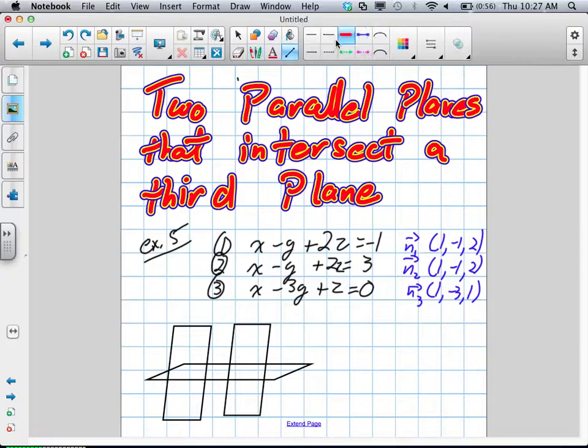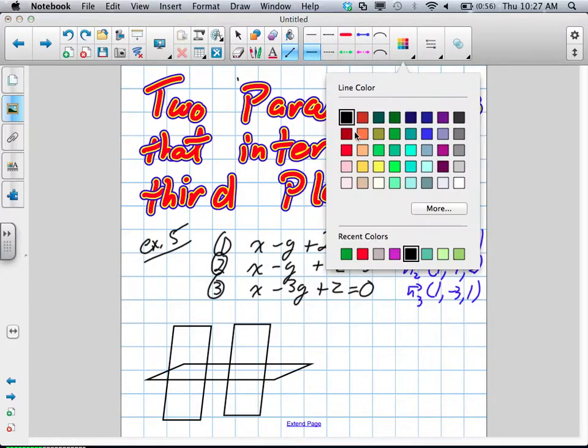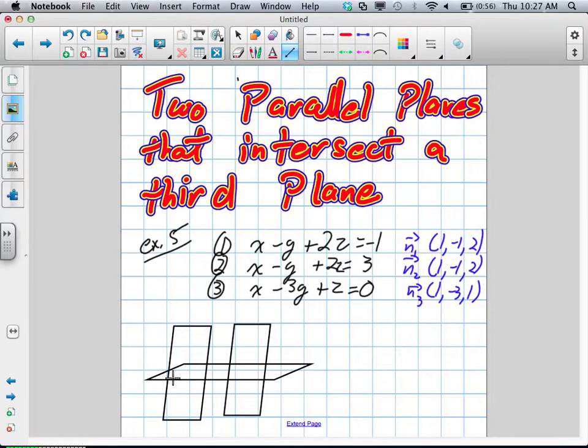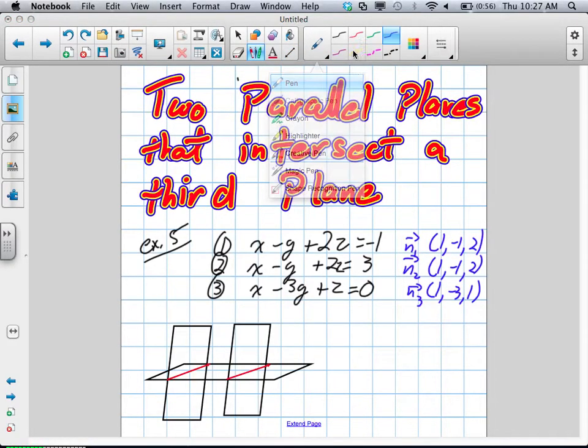Now, I may eventually ask you if there's not one consistent system, is there more than one answer, and what are they? If I were to ask you something like that, that means I'd be looking for the line, plane 1, plane 2, and plane 3. That means we'd be looking for the 2 different lines where plane 1 intersects plane 3 and plane 2 intersects plane 3.